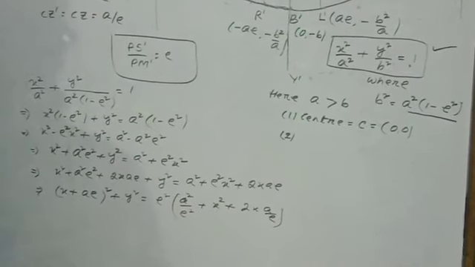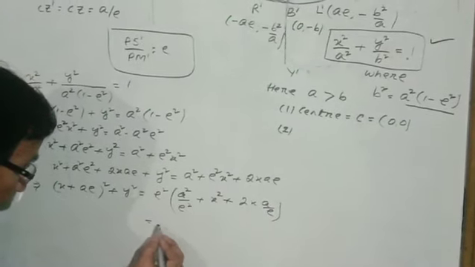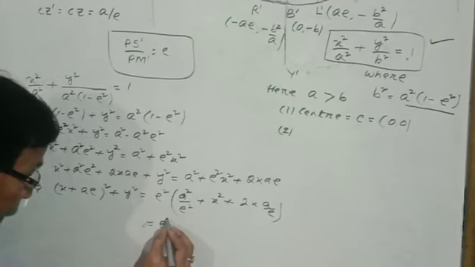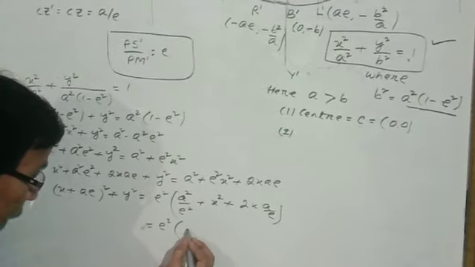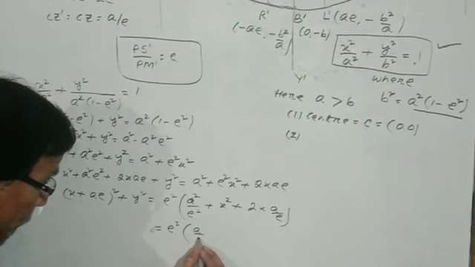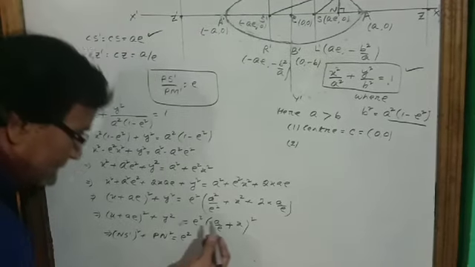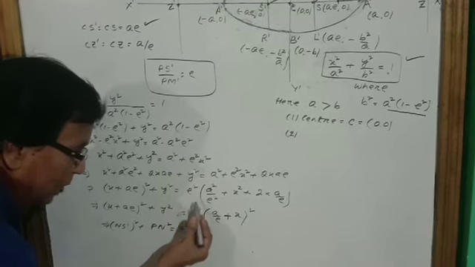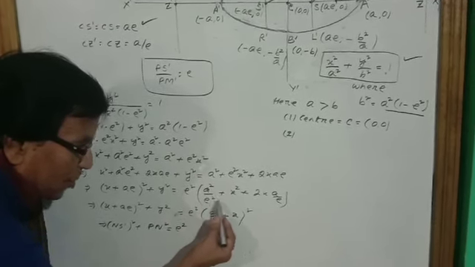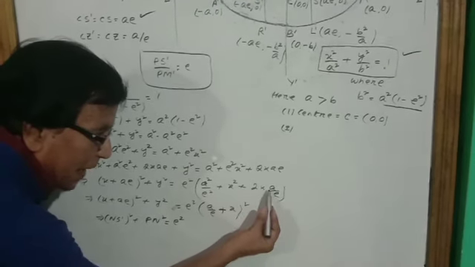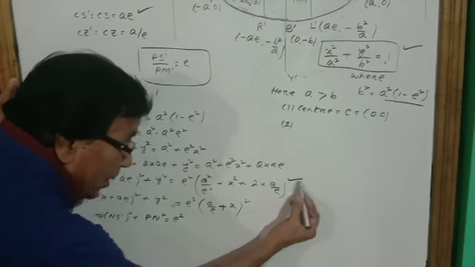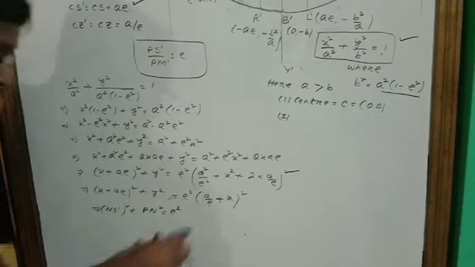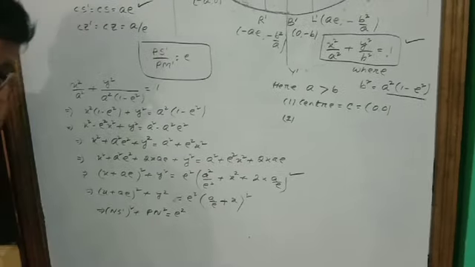So that is equal to e square whole into a by e. So here you see that on the right hand side it is e square and a square by e square plus x square plus 2x a by e. It is nothing but a by e plus x whole square.